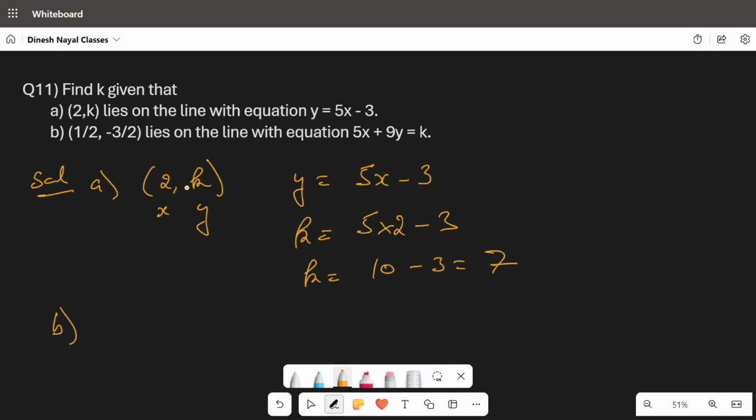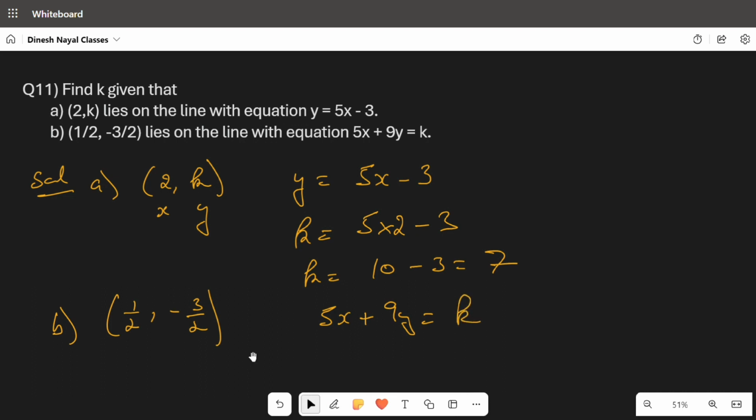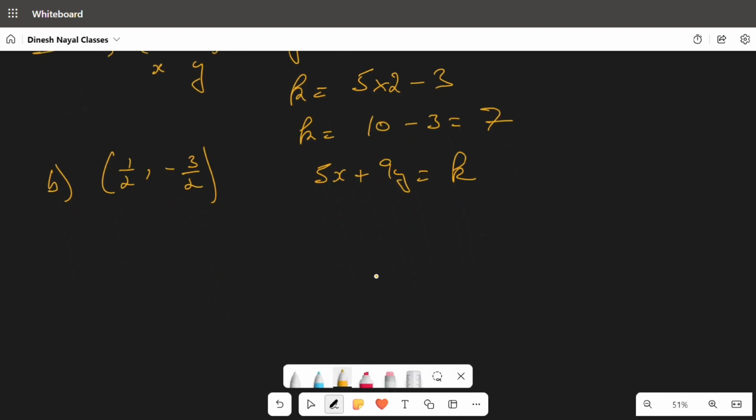B part. Now they are saying (1 by 2, minus 3 by 2) lies on the line with equation 5x plus 9y equals k. It's already given that this point lies on this line, so we are going to substitute the values of x and y. So this is 5 times 1 by 2 plus 9 times minus 3 by 2.